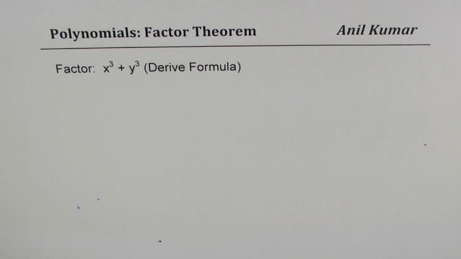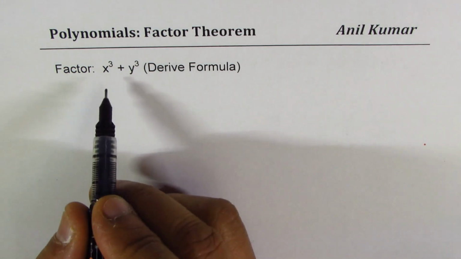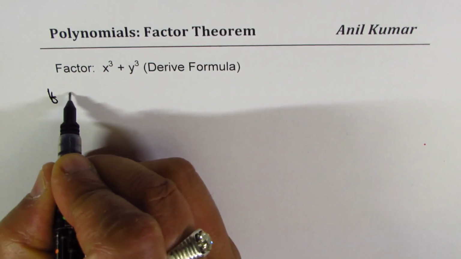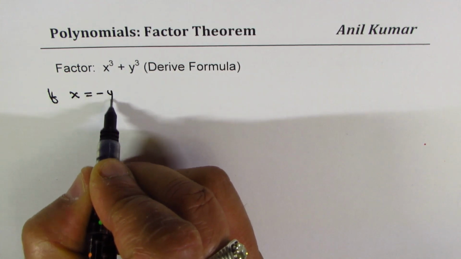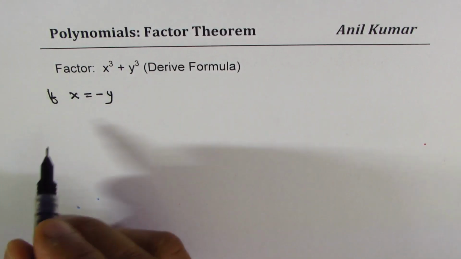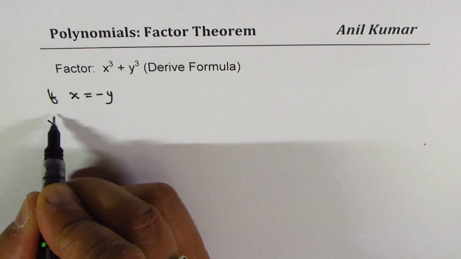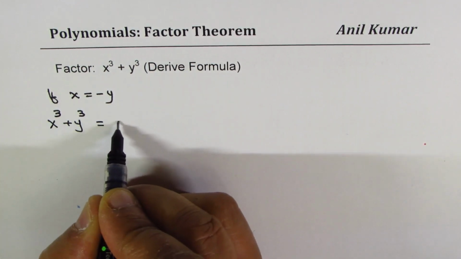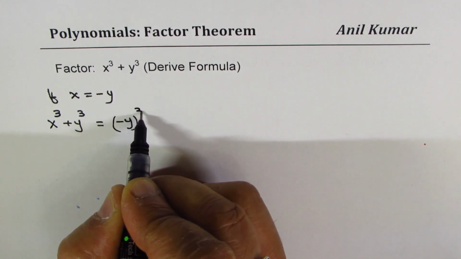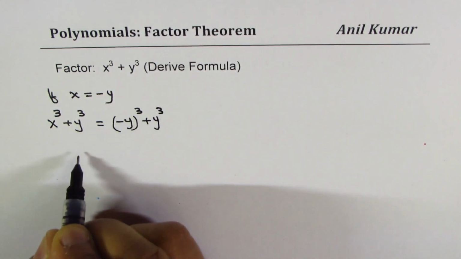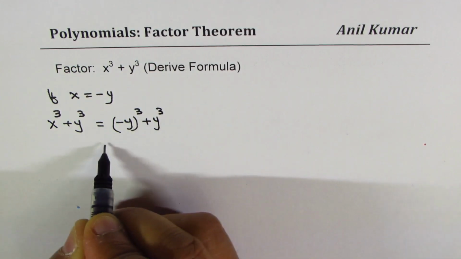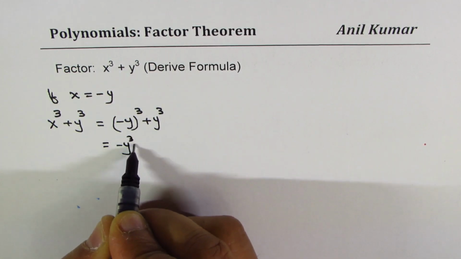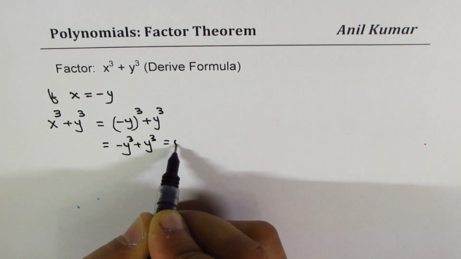Now we are going to use factor theorem to derive a formula for x cubed plus y cubed. Now if x equals minus y, then what happens? In that case, x cubed plus y cubed could be written as minus y cubed plus y cubed, which is 0.